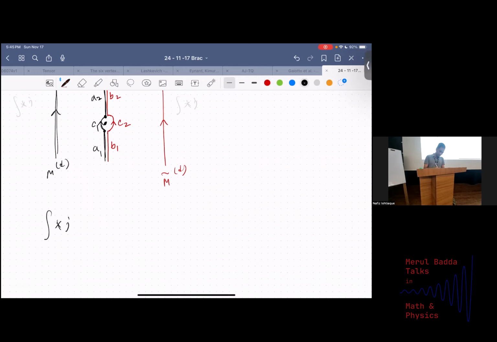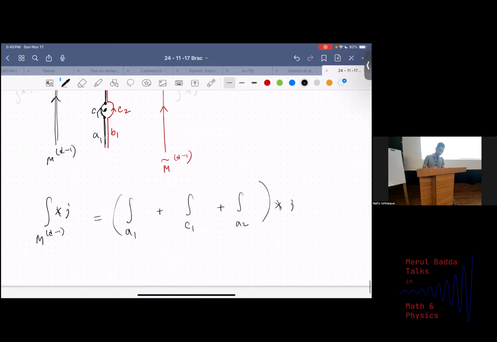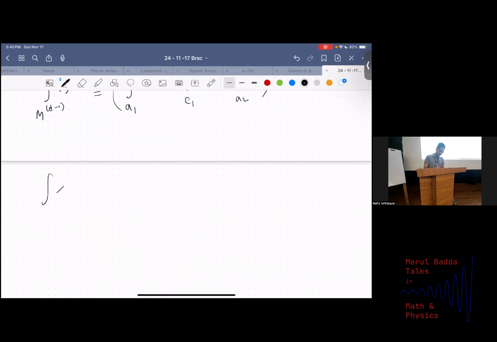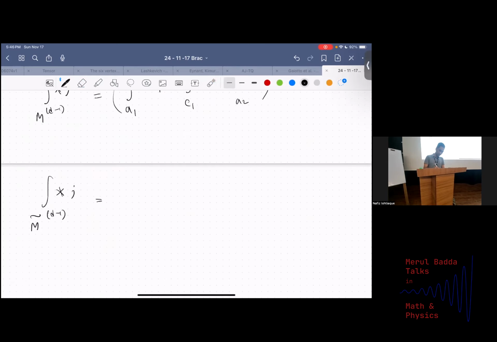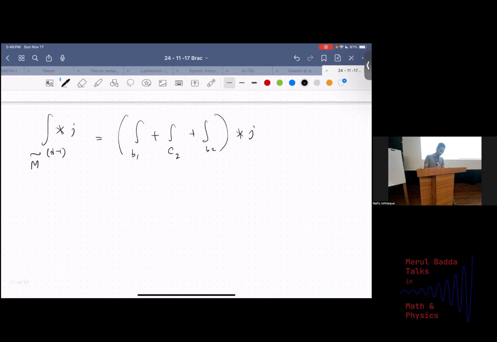So clearly, this integrated over MD, I think it was D-1, sorry, is the same as the integral over A1 plus integral over C1 plus integral over A2 of the same star J. And similarly, this operator is integral over B1 plus C2 plus B2 of star J. If I take the difference, I'm not writing the D minus 1, it's always there.